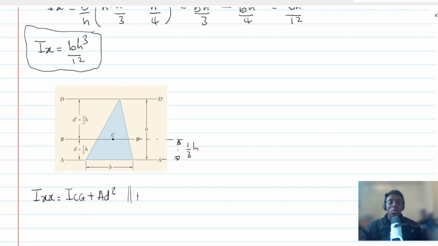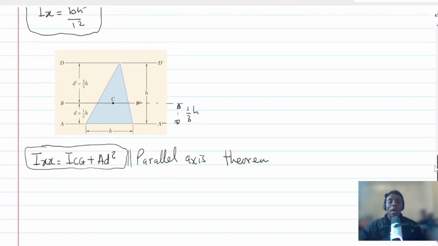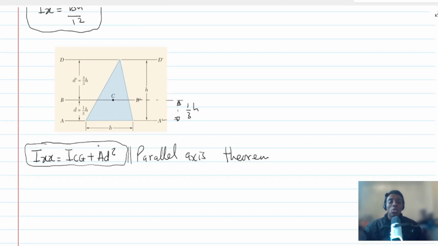This is what we call the parallel axis theorem, which says that we can find the area moment of inertia about any axis which is parallel to some arbitrary axis. So if you want to find the moment of area about the centroidal axis, then it's going to be Ixs minus AD squared.